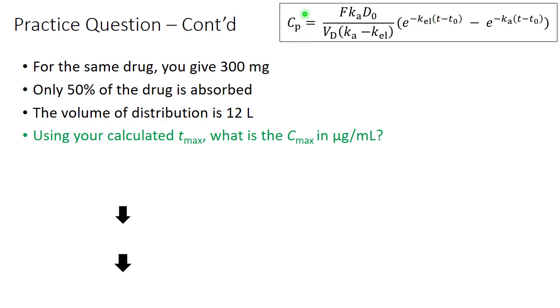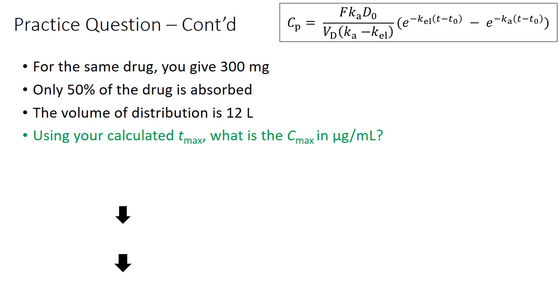Remember, we want the plasma concentration at the Tmax, the time of the maximum plasma concentration. We already calculated Tmax, so we're going to need to enter that here, and the lag time as well goes into this equation.